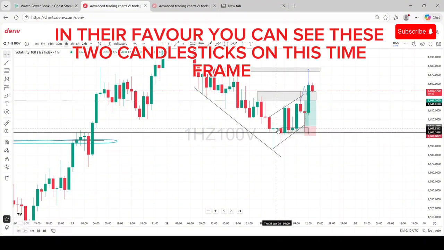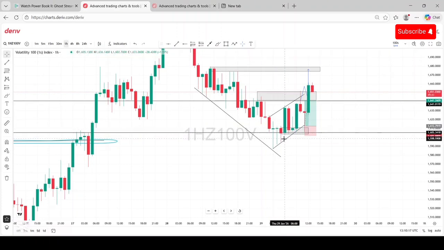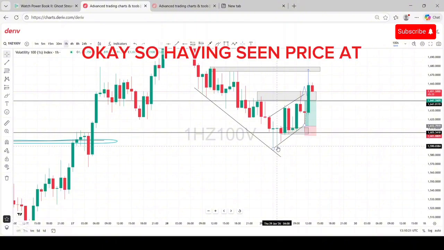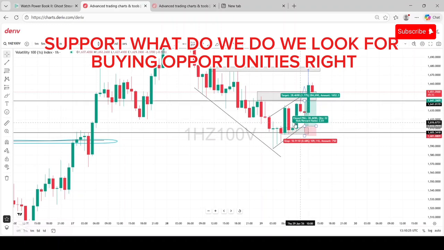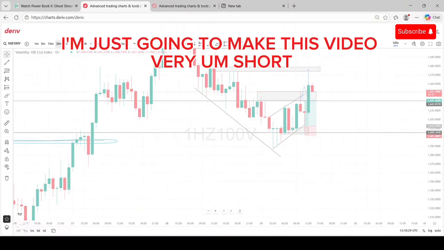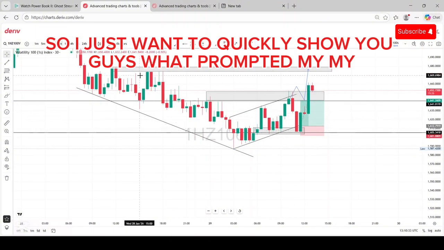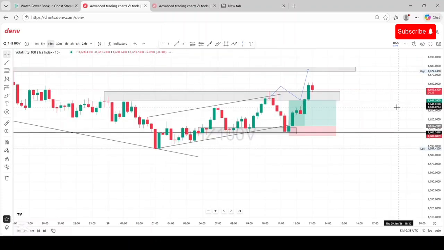You can see these 2 candlesticks on this time frame were proof that price was going to respect this support. Okay, so having seen price at support, what do we do? We look for buying opportunities, right? I'm just going to make this video very short. So I just want to quickly show you guys what prompted my decision to buy.